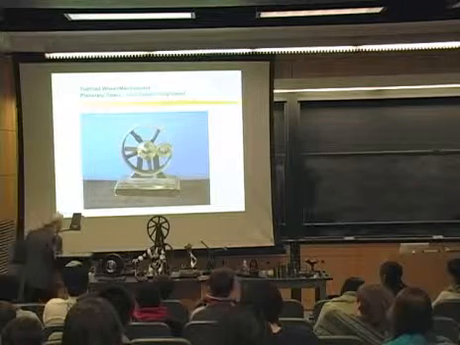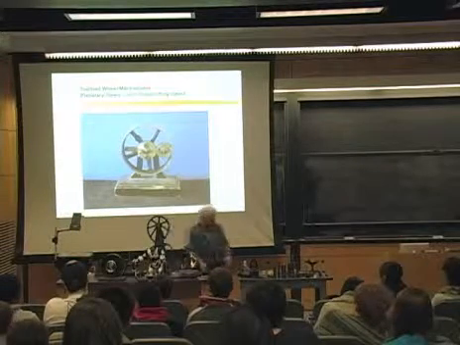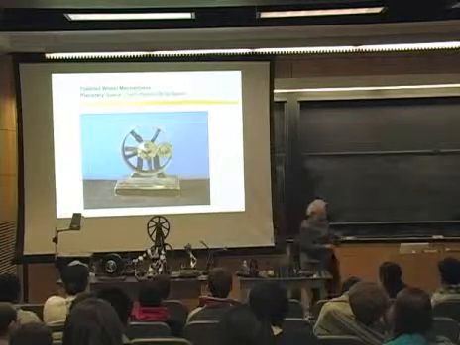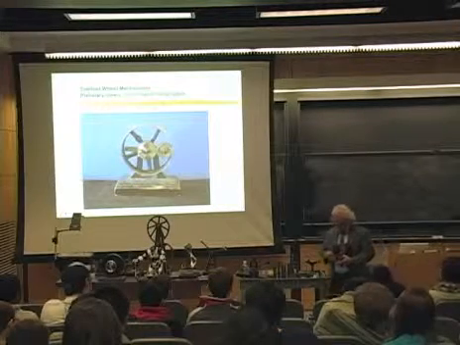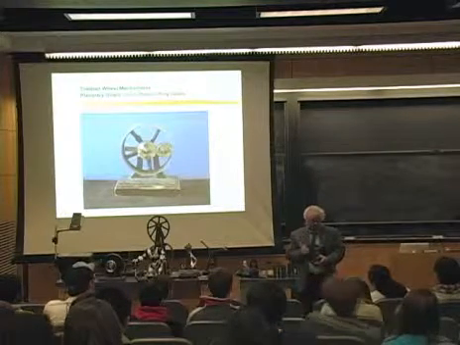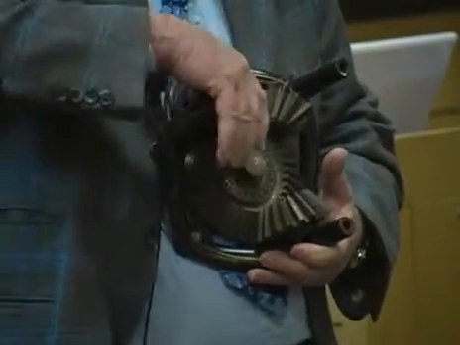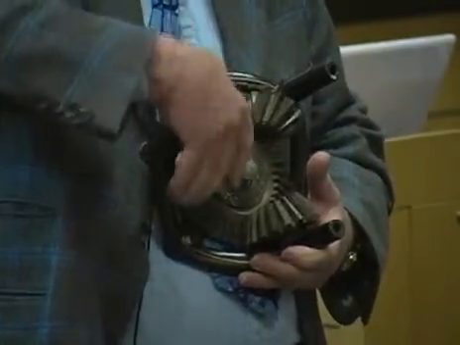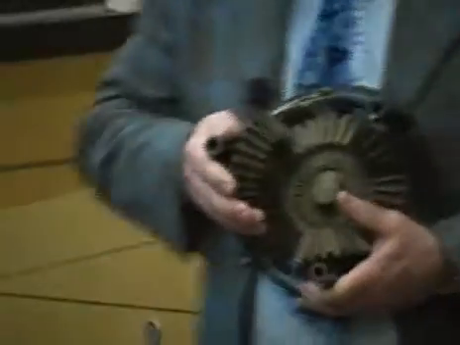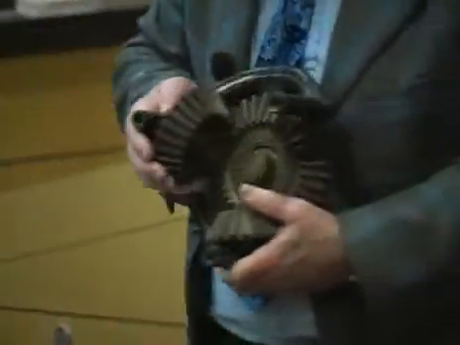So you can have the same type of idea, but now instead of the planet gear facing out like this, I could have a series of bevel gears with the same type of sun gear and various planet gears.